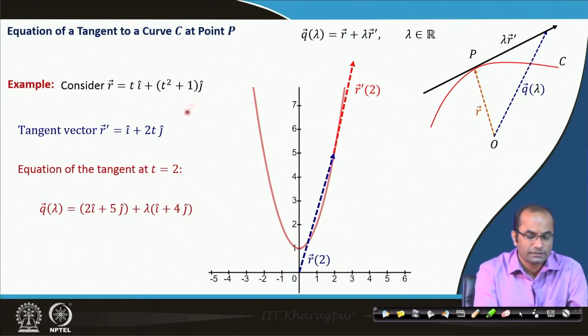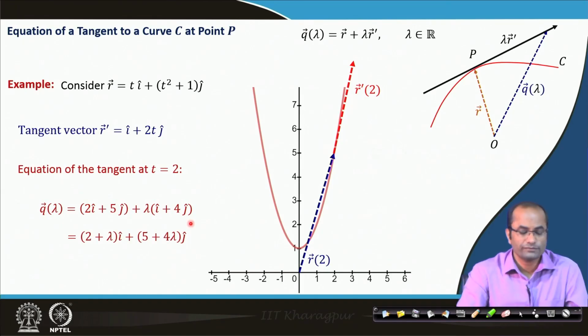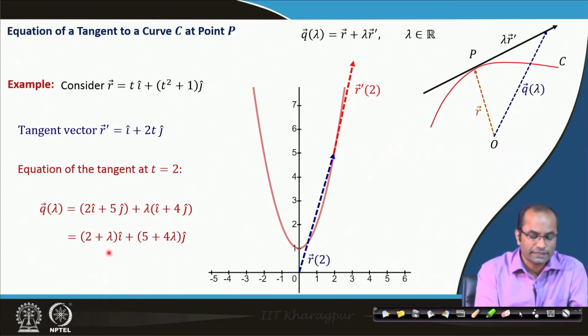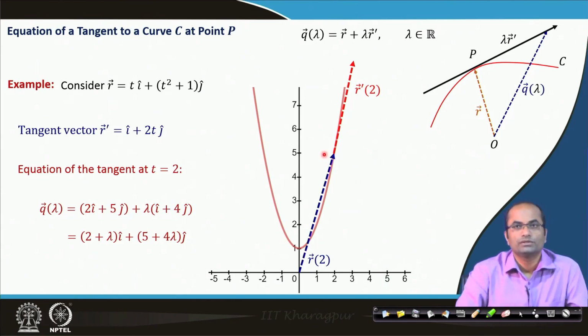Evaluating the given vector at 2 gives 2i plus 5j, plus lambda times r prime evaluated at 2. So, this is the equation of the tangent line. Taking different values of lambda, we will be moving on the tangent line at the point t equal to 2.